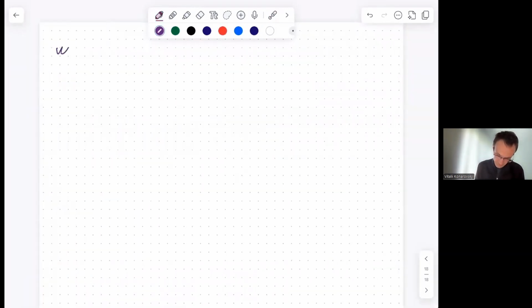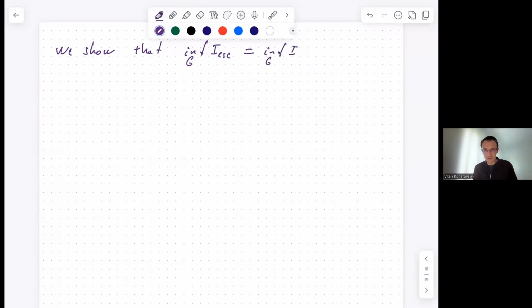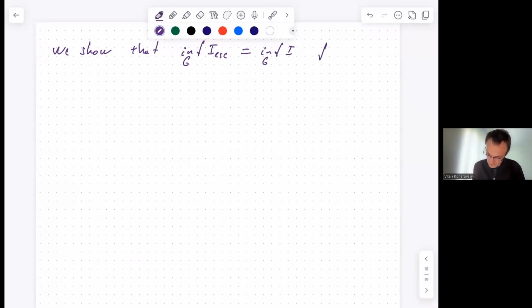We show that the infimum over G of I lower semi-continuous is equal to the infimum of I over G. And this will finish the proof of the first part of the proposition for G open.